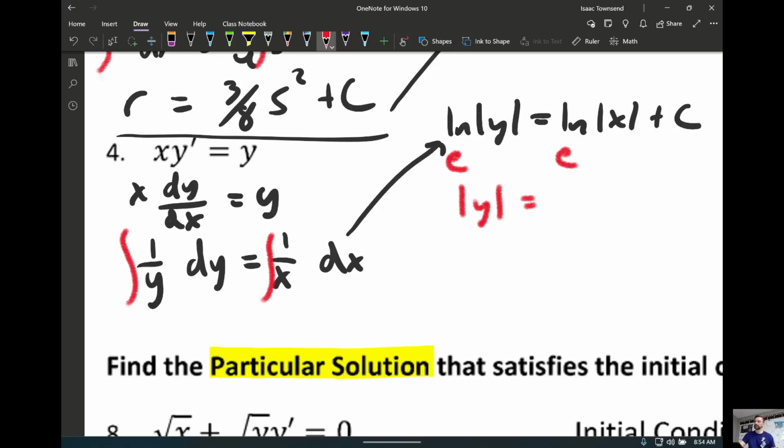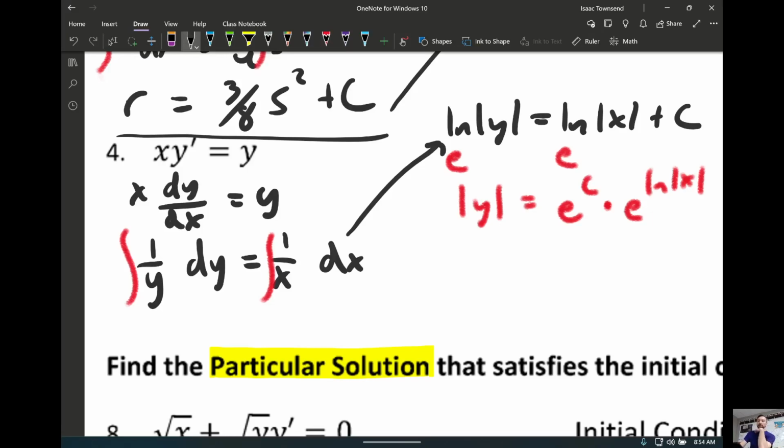This is like e to the c times e to the natural log of the absolute value of x. Again, you guys are used to going this direction. On these questions, we often need to go in that direction. Multiplying things with the same base is when you add the exponents. I'm unmultiplying them.